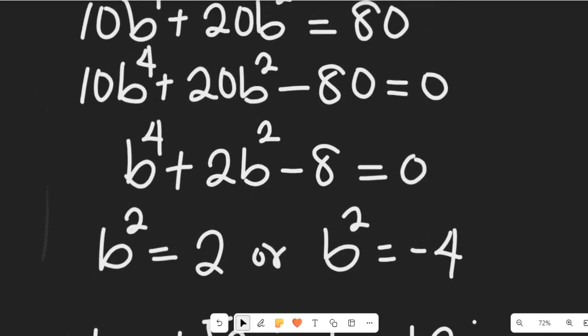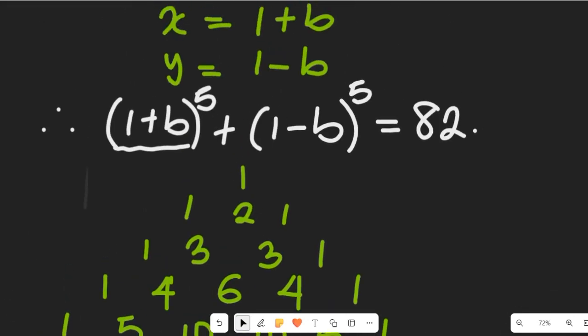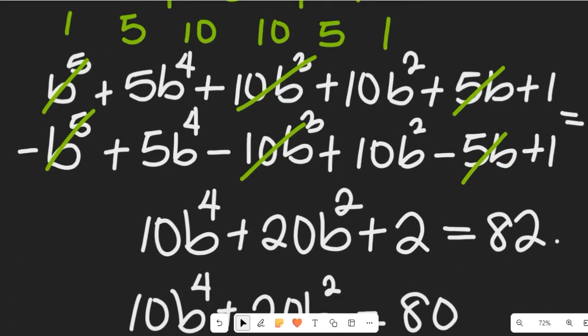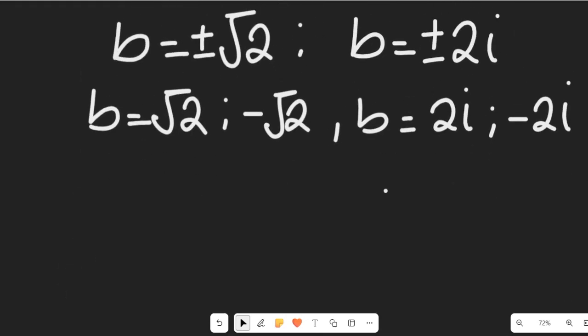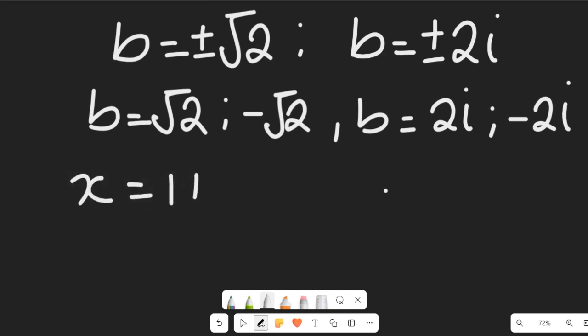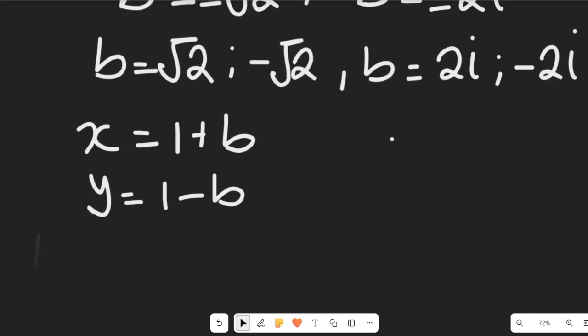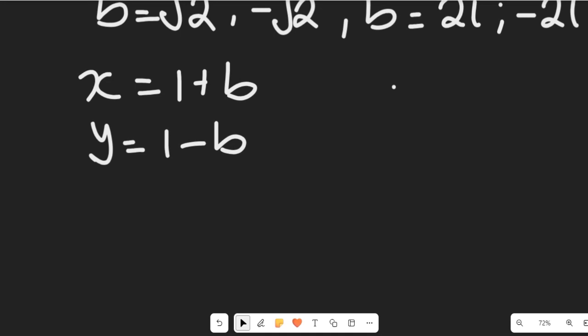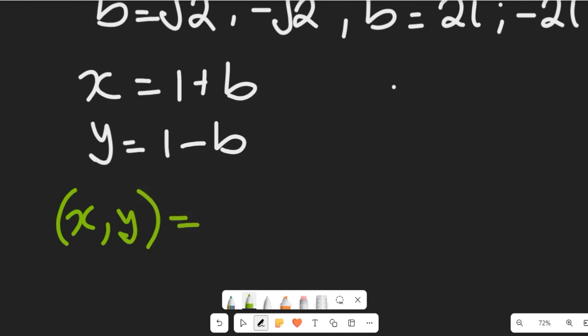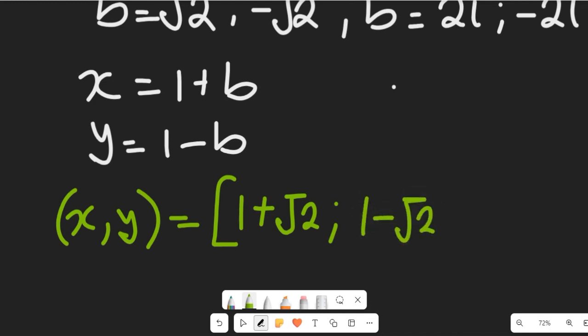So considering that we are given that x is equal to 1 plus b and y is equal to 1 minus b, we can simply state that the value of (x, y) can be equal to 1 plus the square root of 2 and 1 minus the square root of 2, which is a solution.